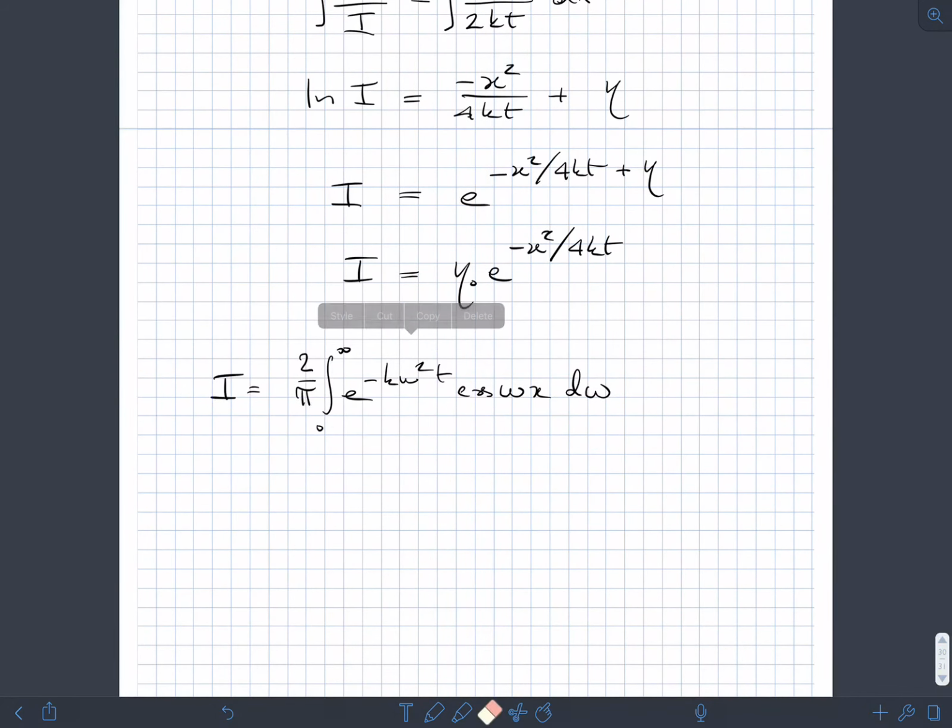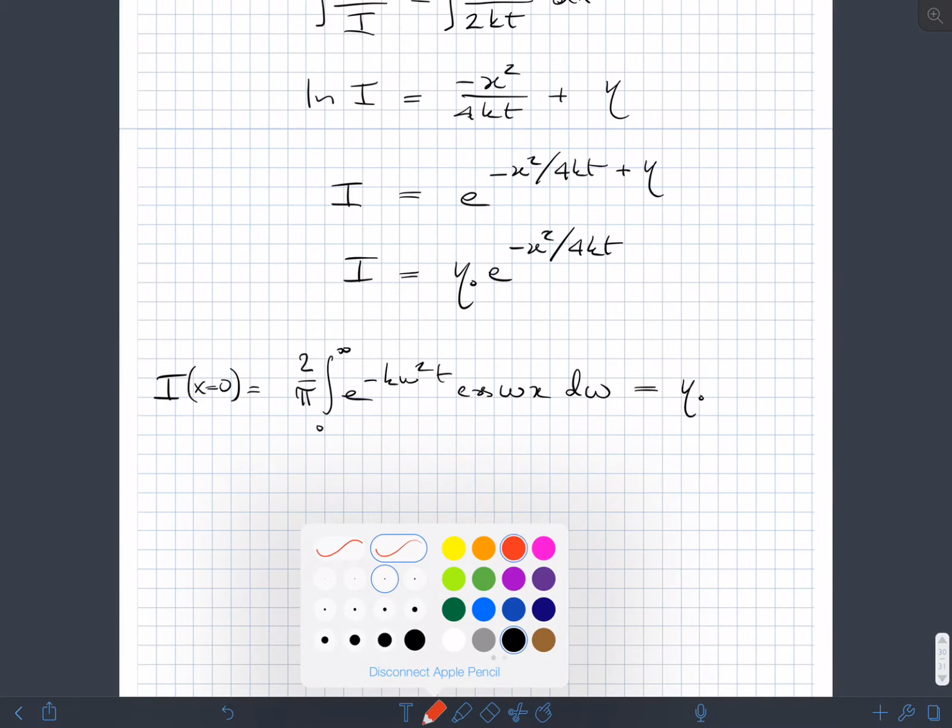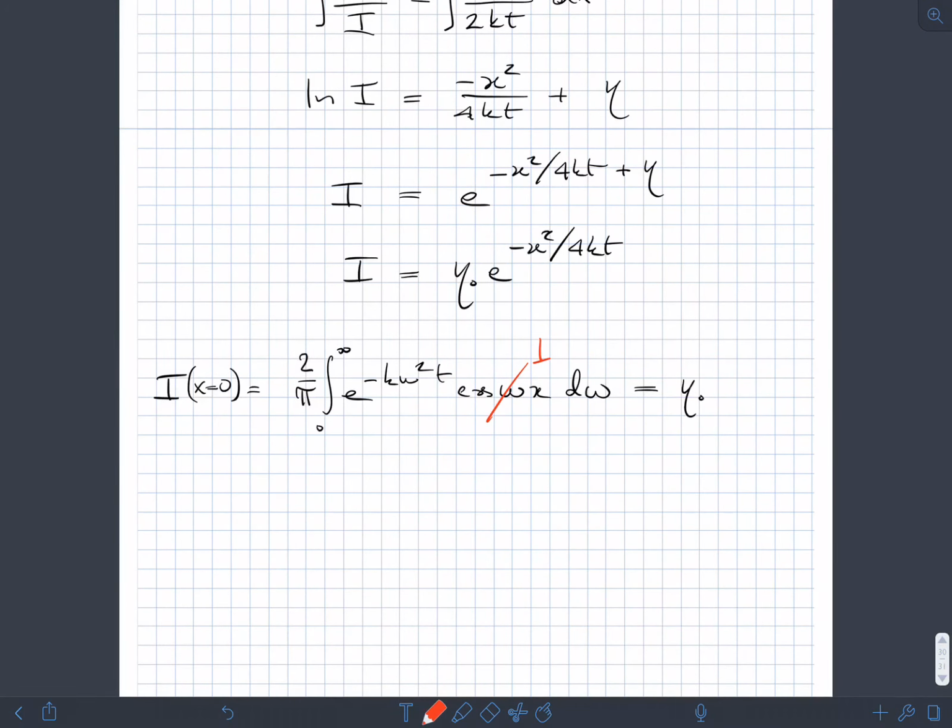That's a cool initial condition. If I set x equal to 0, this will equal eta naught. And what will happen here? This guy will just go to unity, so he'll go to 1. And I'll be left with just the Gaussian in omega. So cool.